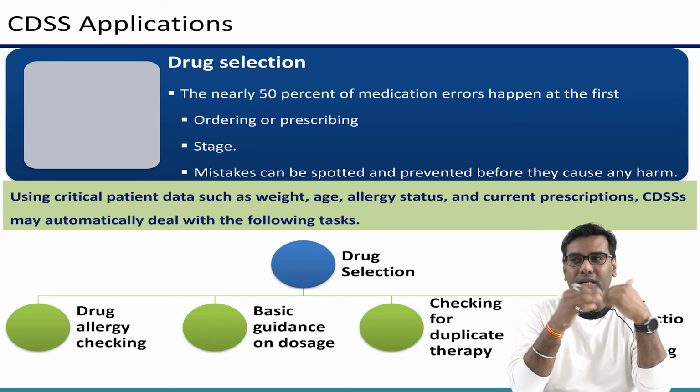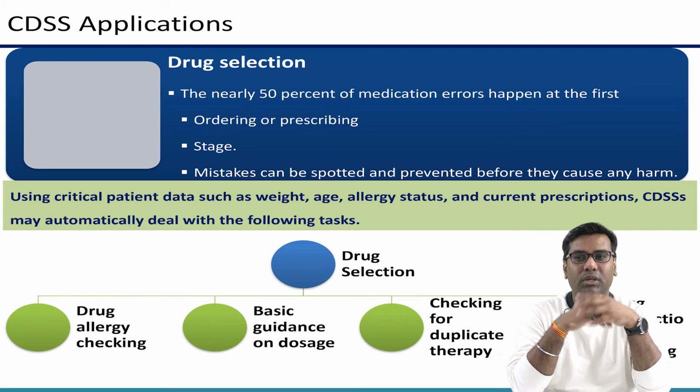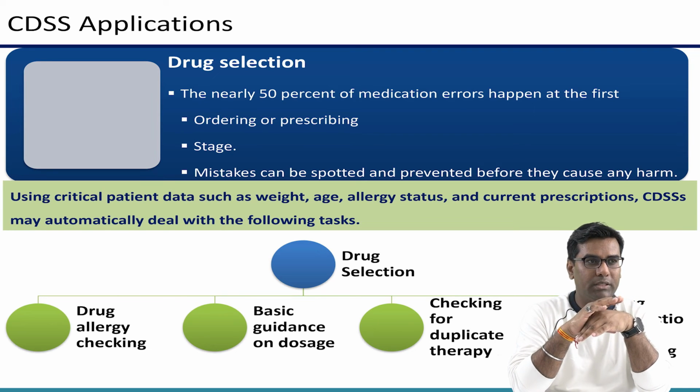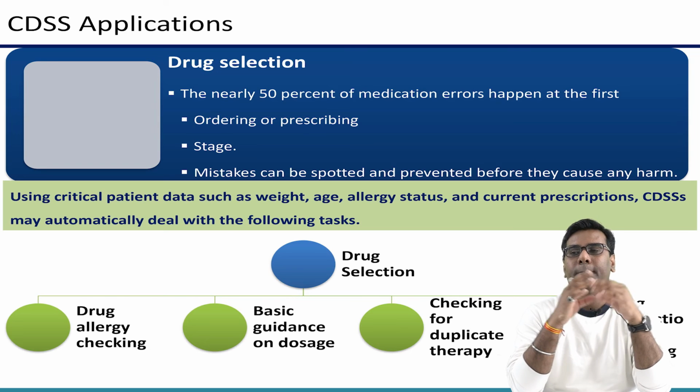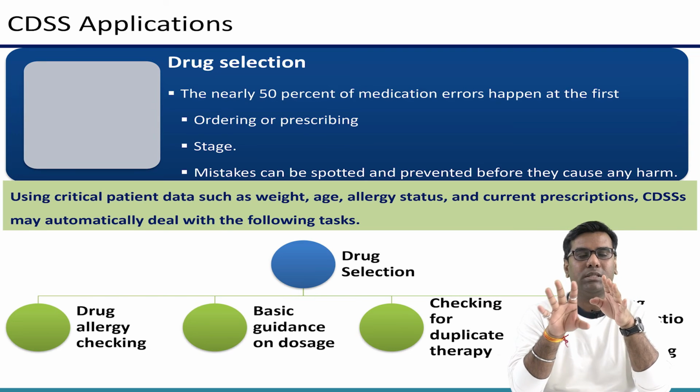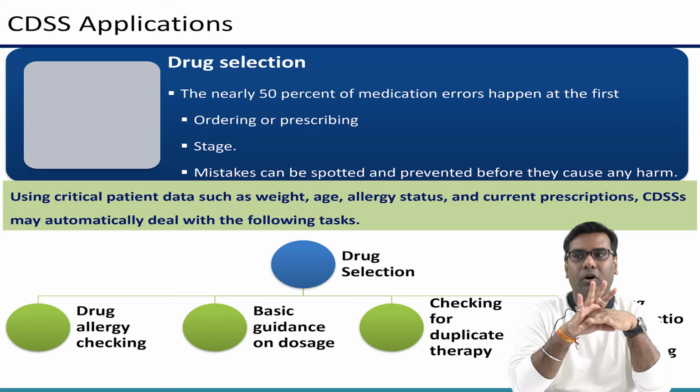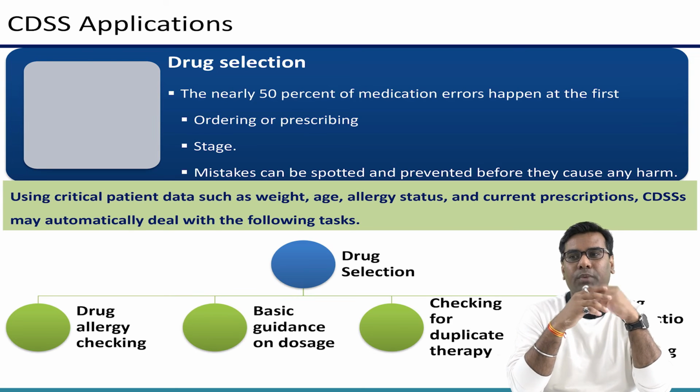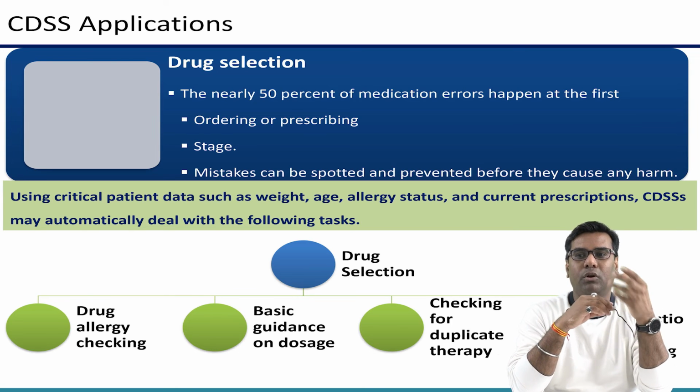So these drug selection errors are found through machine learning and data analysis, and they find the errors and solve them.